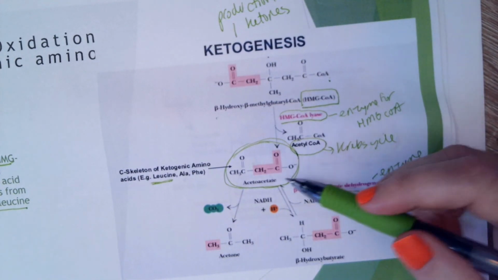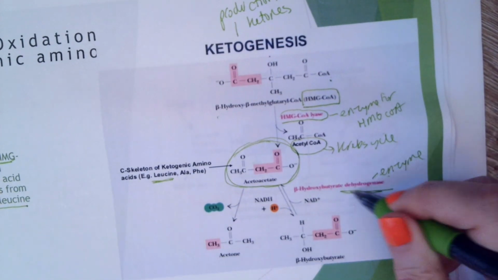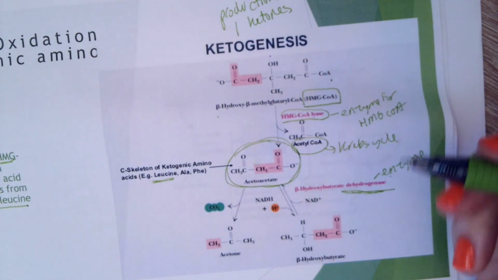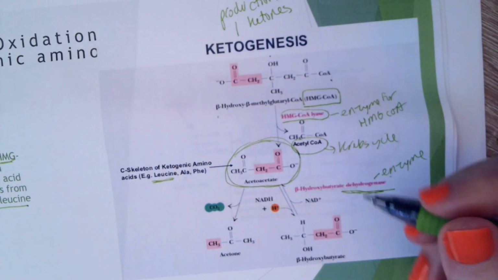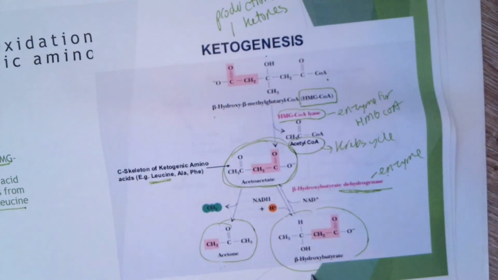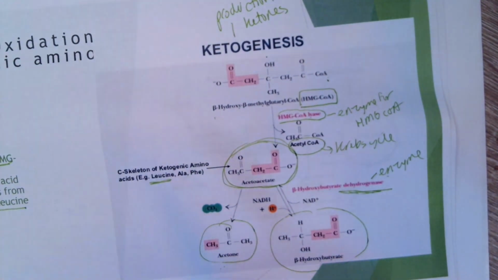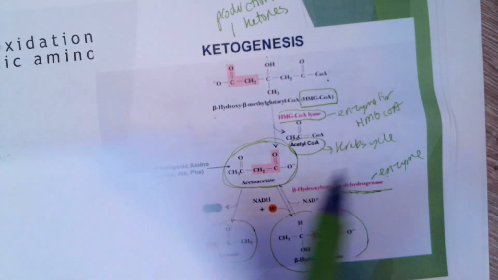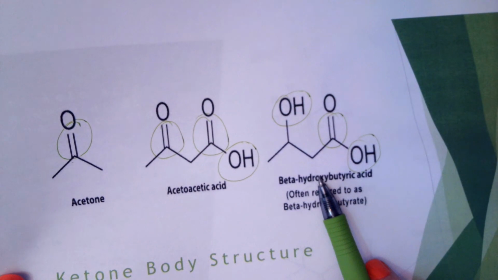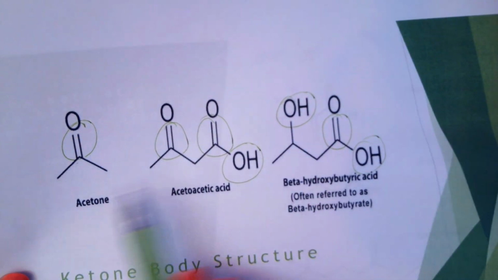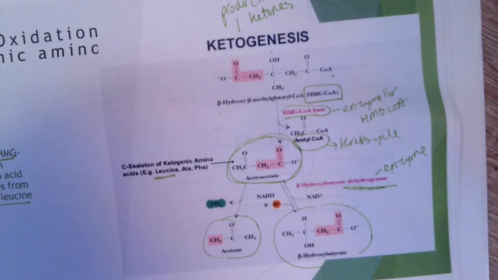Now, we're going to use the dehydrogenase on the acetoacetate, and we can end up with two specific keto bodies, our acetone and our beta hydroxybutyrate, which is over here. So we got these two keto bodies out of that.